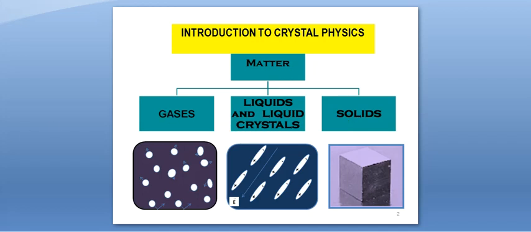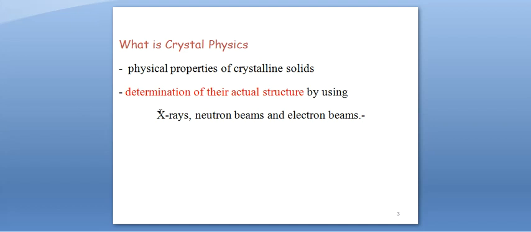In that, what is crystal physics? Before going to that, why are we going to study crystal physics? Because all the physical properties of solids can be determined from crystal physics. So crystal physics means the physical properties of crystalline solids.